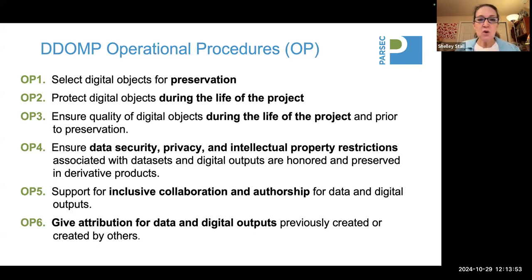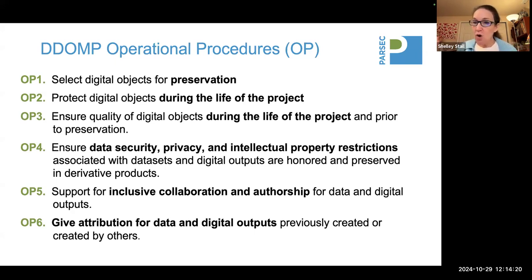Okay, so how to protect your digital objects during your project. I highlighted during the life of the project because I want you to understand the difference between when you're working on them and when you preserve them to be part of the scientific record. Two different moments in time. And the Belmont Forum cares about that too. So how do you ensure the quality of your digital objects during the project?